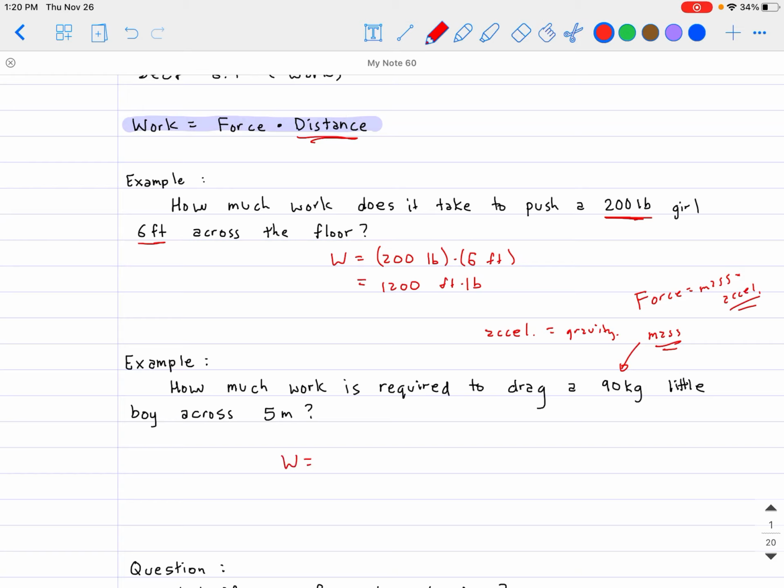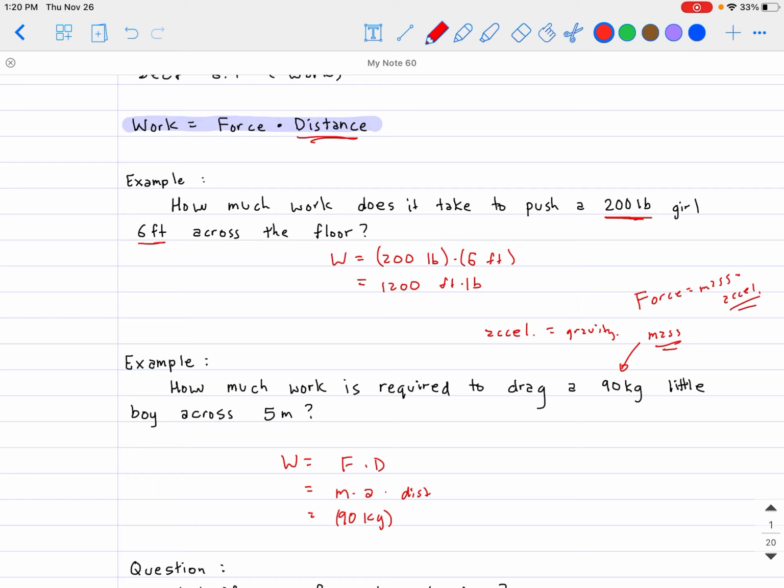So the work in this case is going to be equal to force multiplied by distance. Once again, that's our equation. But to change it, force, if you remember, is supposed to be mass times acceleration, and then multiply by the distance. So now we can put everything together.